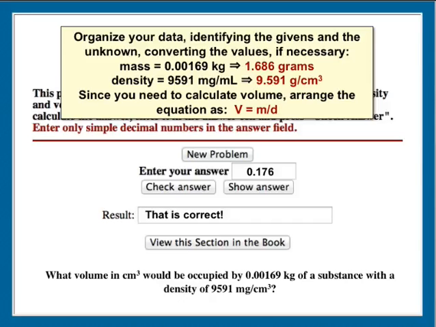Now I hope you noticed on Blackboard that after you do a calculation like this, if you get it wrong, or if you get it right for that matter, and you just want to know exactly how to do it, you can click on Show Answer, and somewhere down here the entire calculation will appear.